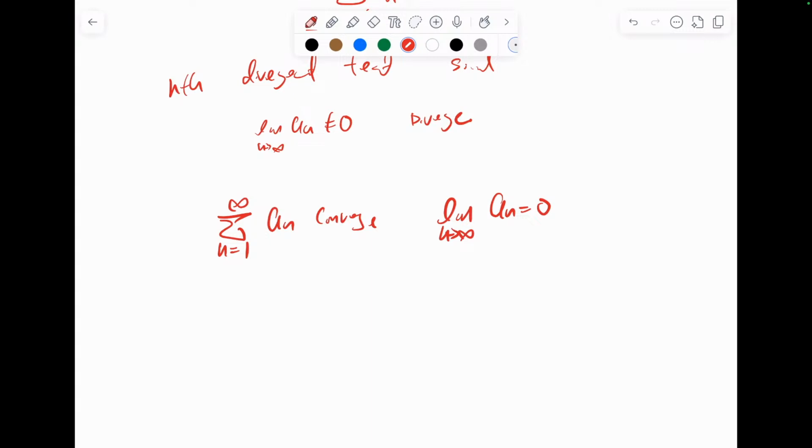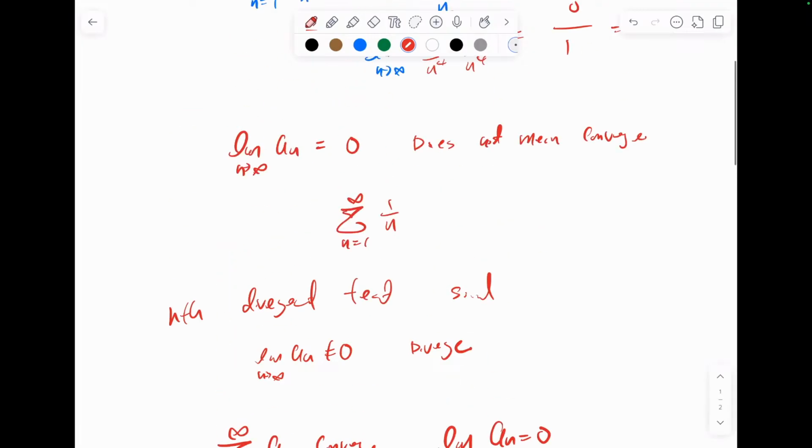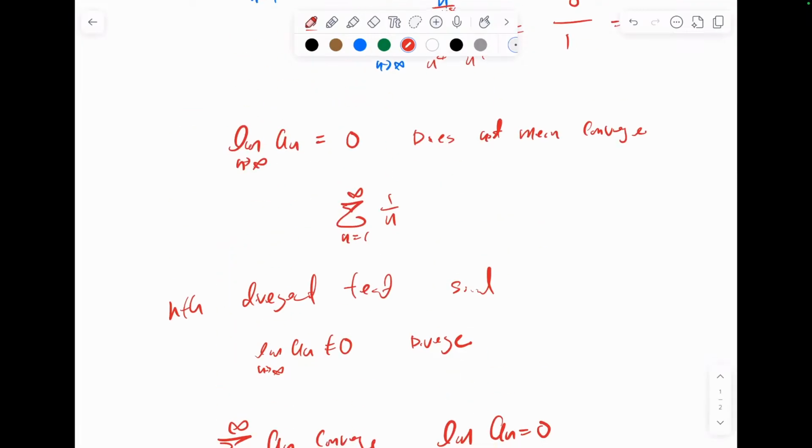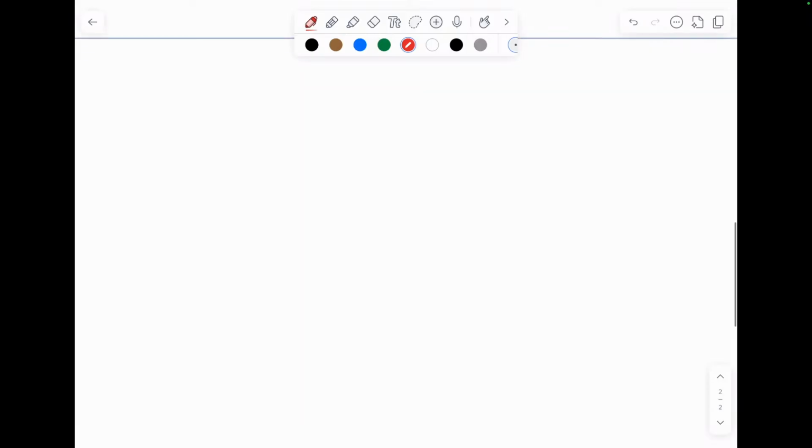Let's go back to it. Okay, so today, let's review what we have already learned. We have learned the geometric series, which is a over 1 minus r.